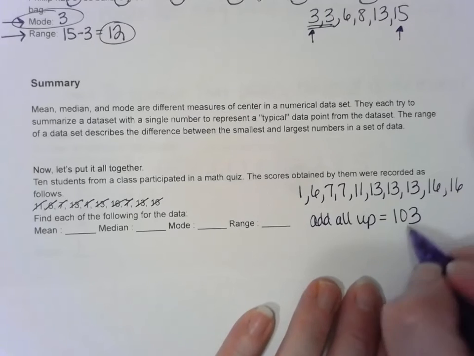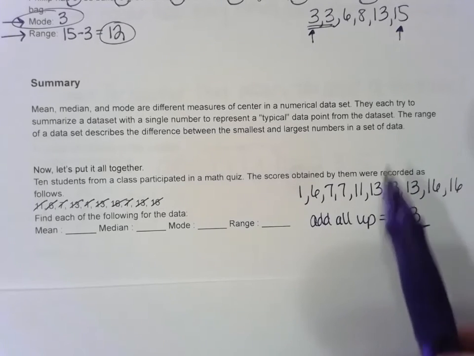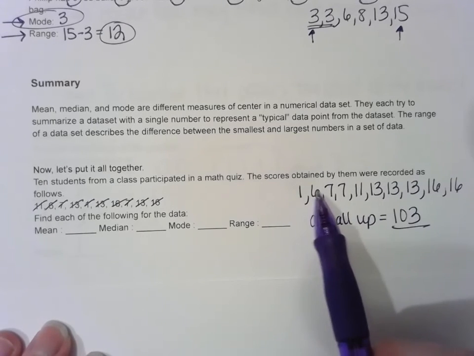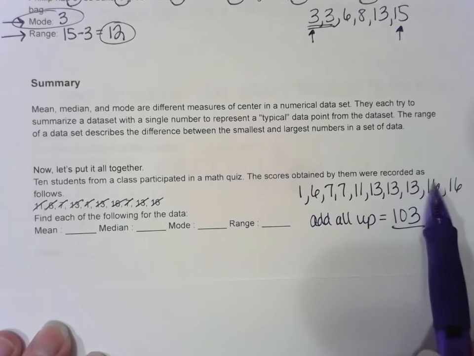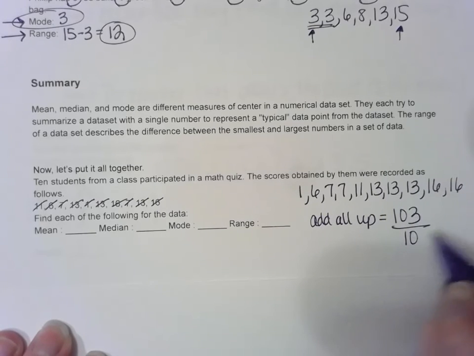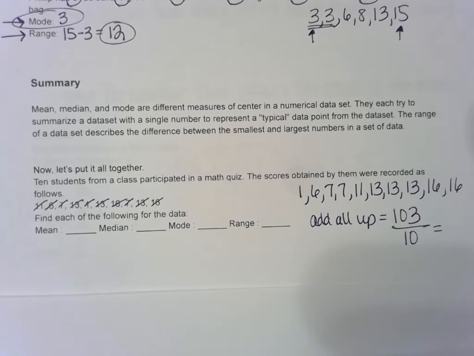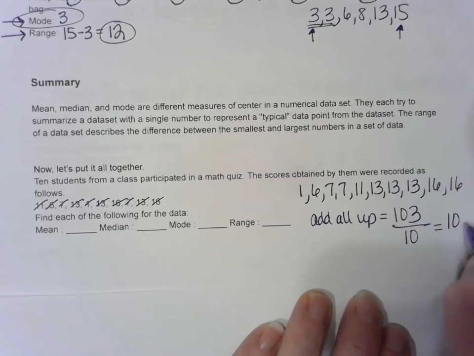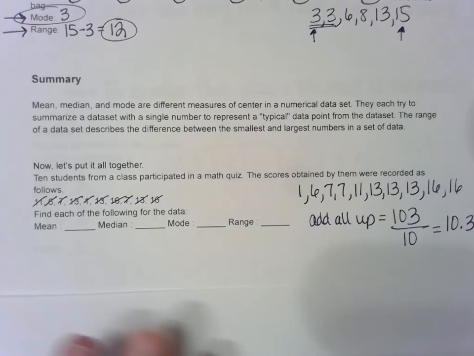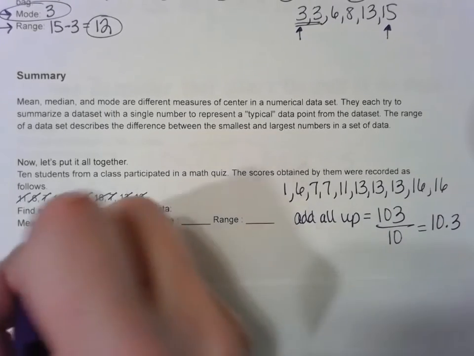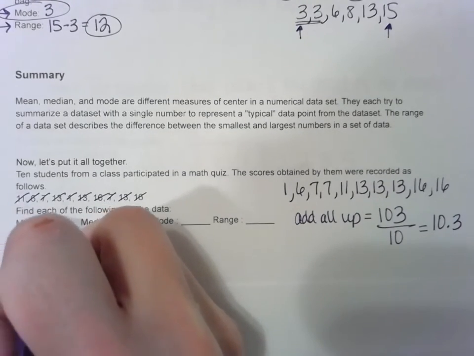And you have to divide by the number of values in that set. 1, 2, 3, 4, 5, 6, 7, 8, 9, and 10. And when you divide 103 by 10, you get 10.3. So our mean is 10.3.